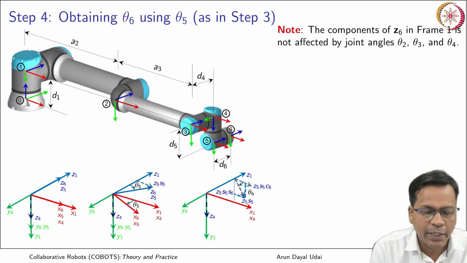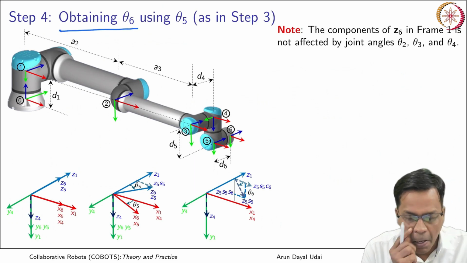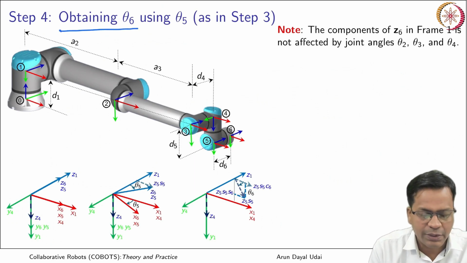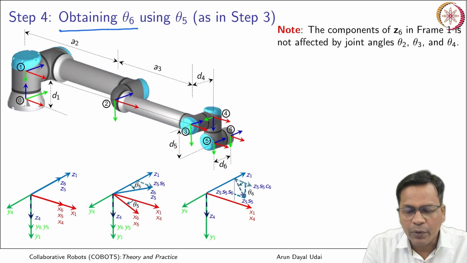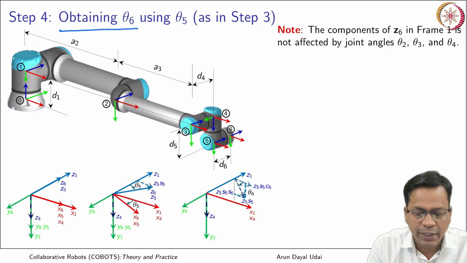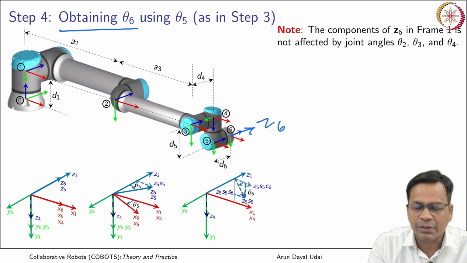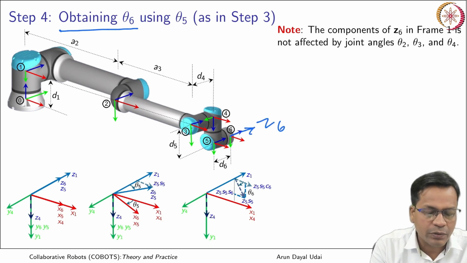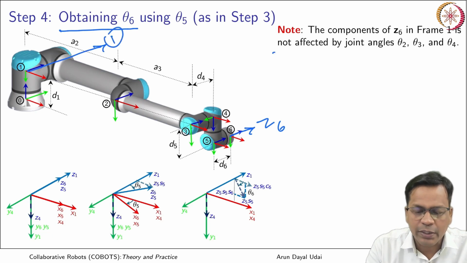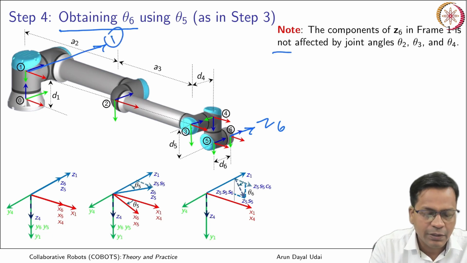So now obtaining theta 6. You see 3 stages I have shown for 3 consecutive angles. The components of Z6, this is your Z6 in frame 1. So this is your frame 1, is not affected by joint angles theta 2, that is this angle, and this angle, or all the angles which are parallel to that.